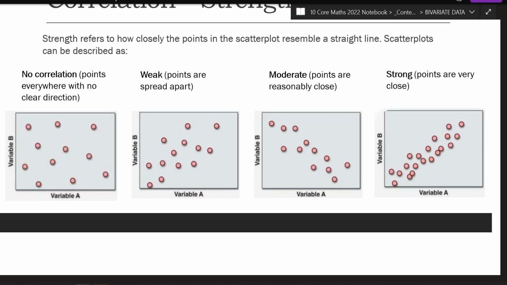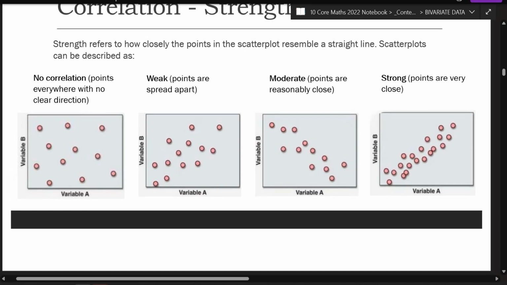Is there a connection between them? Probably not. So your graph will probably look something like this. But if I was to say, for example, the amount of exercise you do versus your weight, your graph will probably look something like this because there's probably a connection between them. So those are the things you've got to think about when you think about connections.